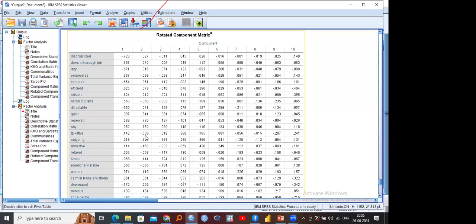The only thing that is important is that it should be maximum. Like for disorganized, the value should be maximum amongst all the components. Even if it is less than 0.5, it is fine, but it should be maximum. Then it will go into that particular component. Okay.